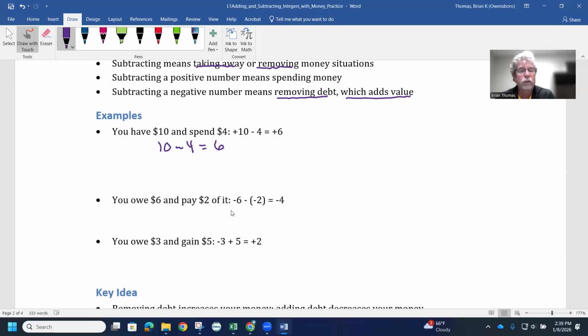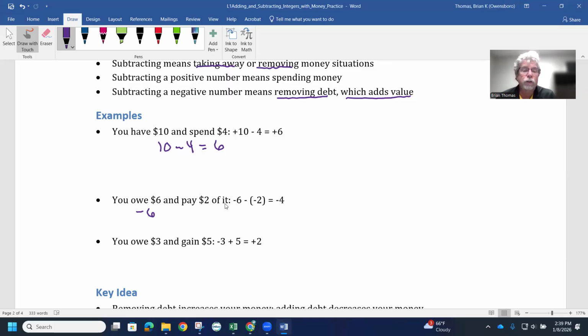So if we look at this next example, if you owe $6, notice that you're already down $6 and you pay $2. Let me read that a little more closely. You owe $6 and you pay $2 of it.